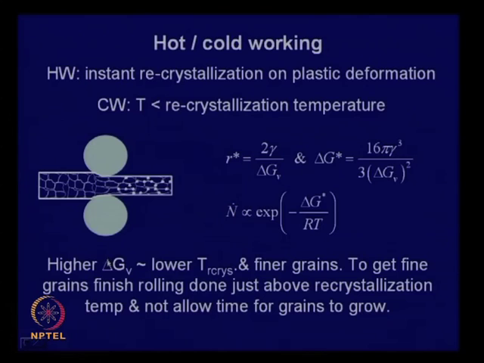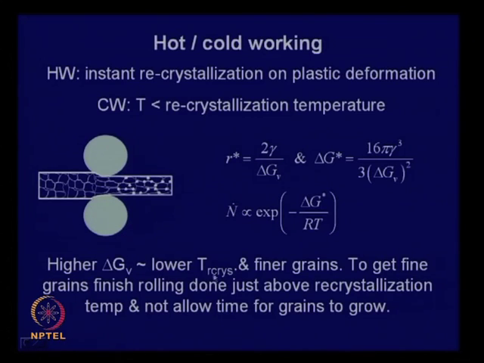So, per pass try to give as high a deformation as possible, and this will give a lower recrystallization temperature. The recrystallization temperature also depends on this activation hill, because the nucleation rate becomes quite high.